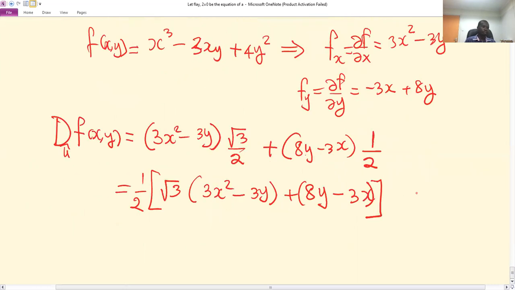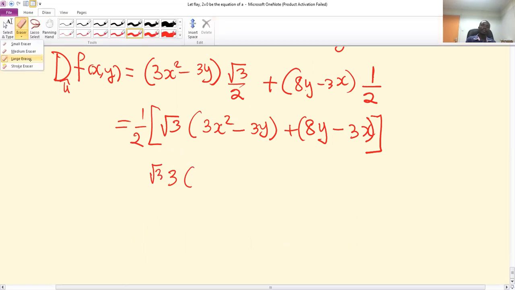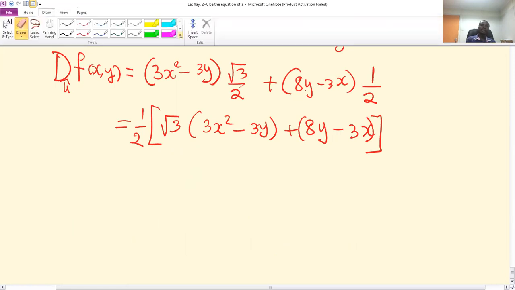Actually, we can in fact factor out 3, and further simplify this.